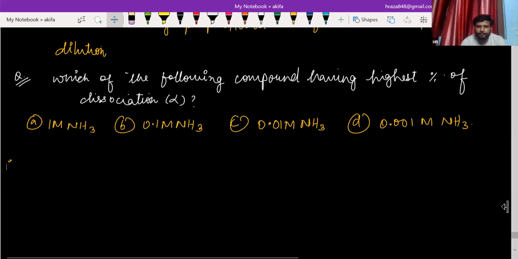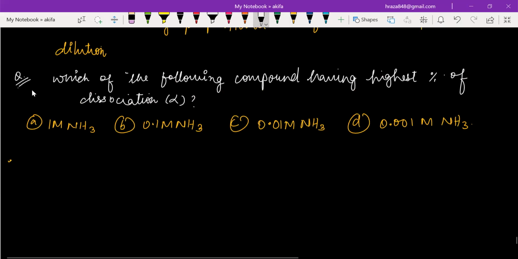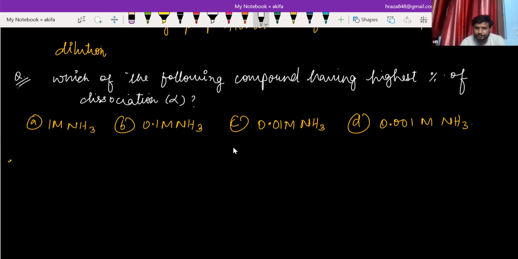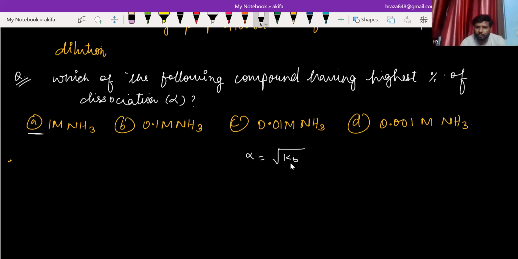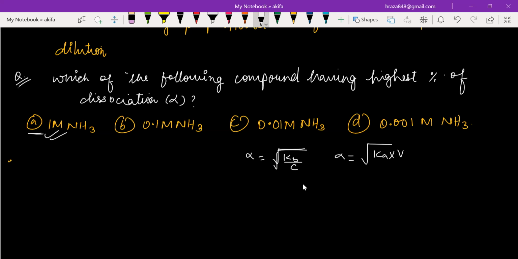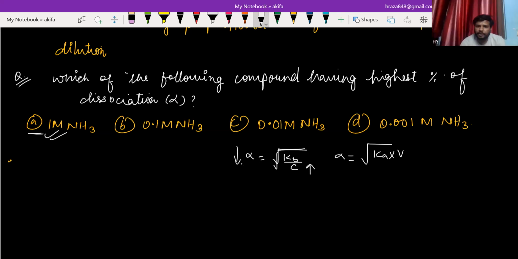I'm going to slide it down and write a point with me. What is the answer of this? A. What you just said? A. A is the wrong answer since alpha is equal to root of Ka upon C and alpha is equal to root of Ka into V. You can see the more concentration, alpha will be lesser.